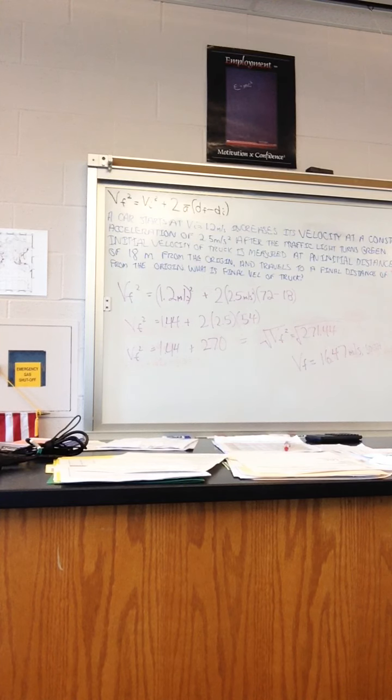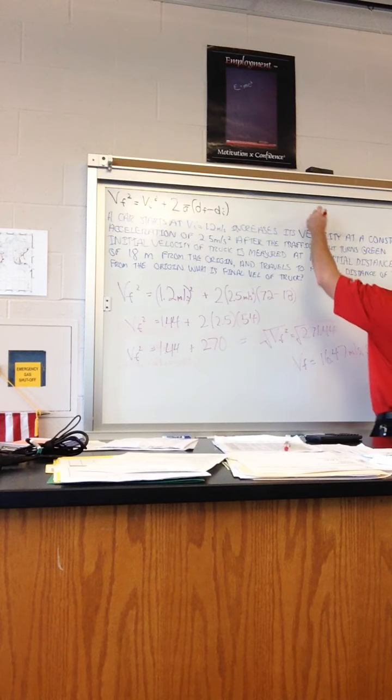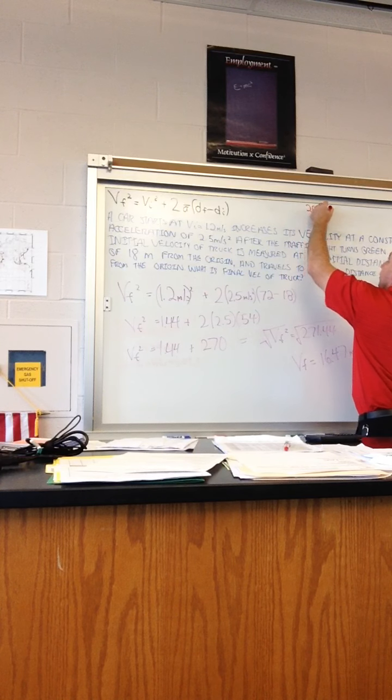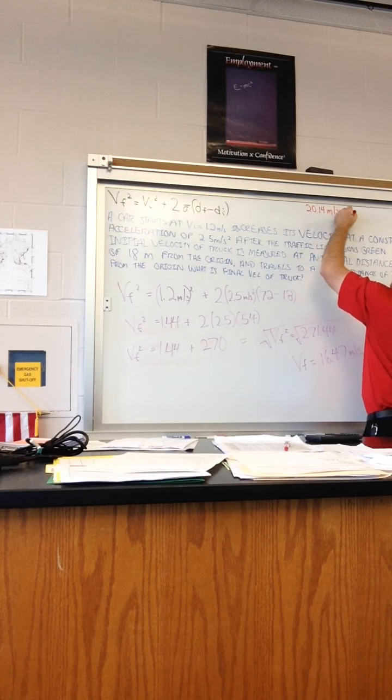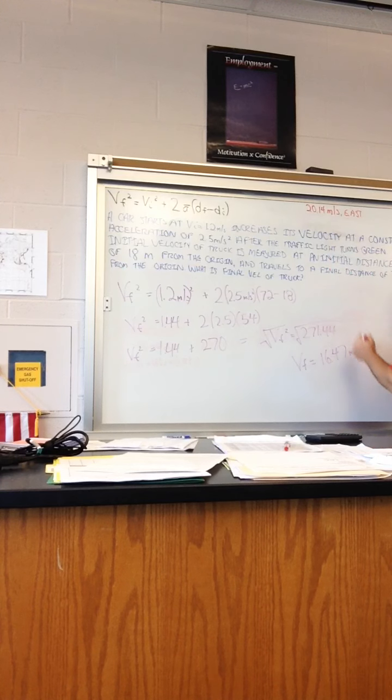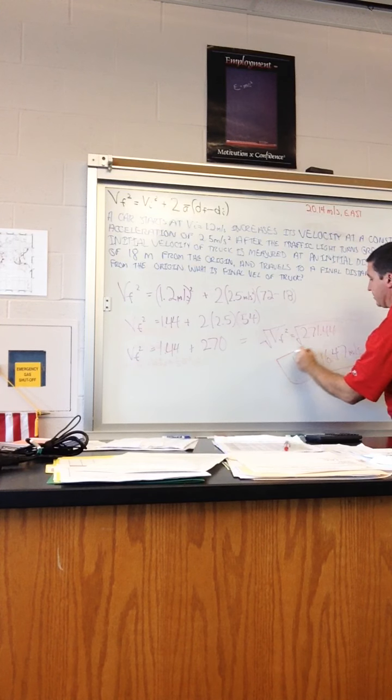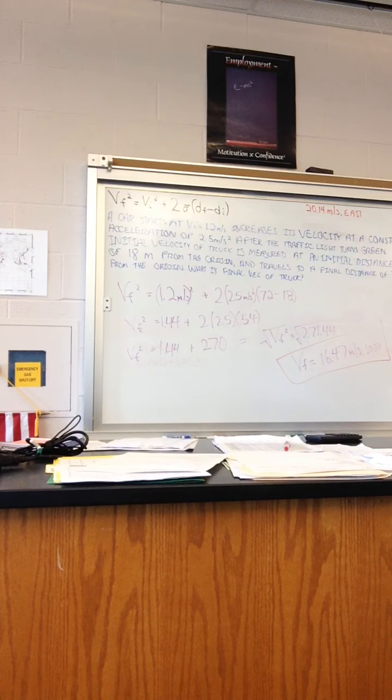Now, what do these answers mean? The first example's final velocity was 20.14 meters per second east. And in example number 2, the final velocity is 16.47 meters per second south. What does that mean?